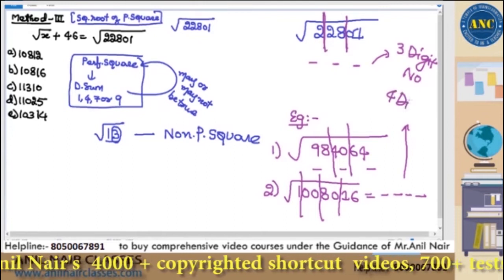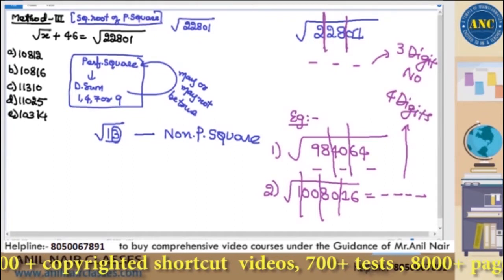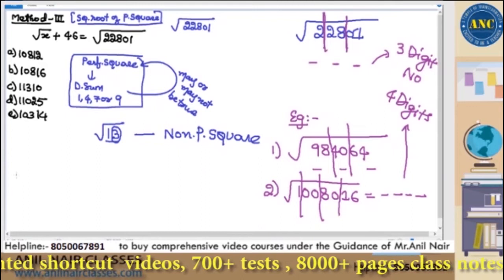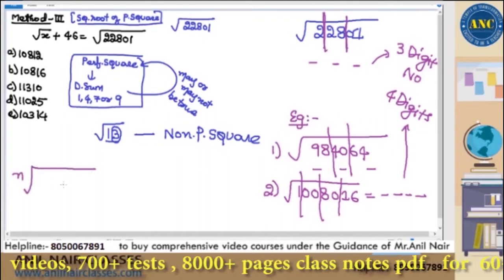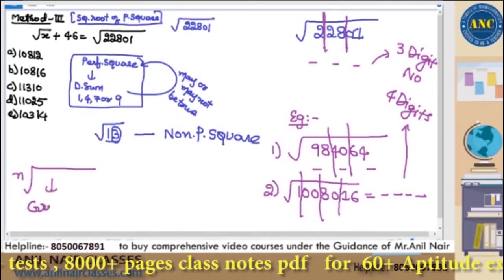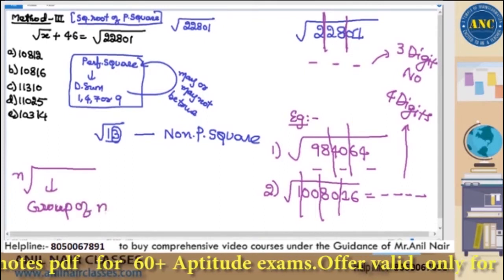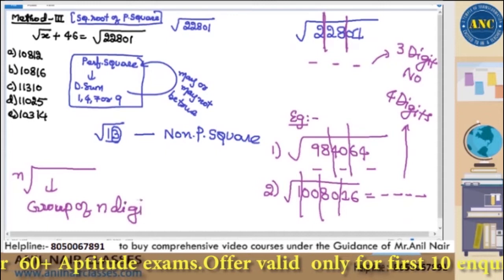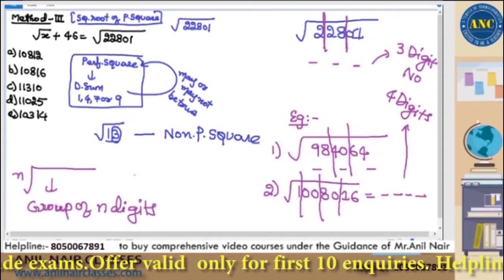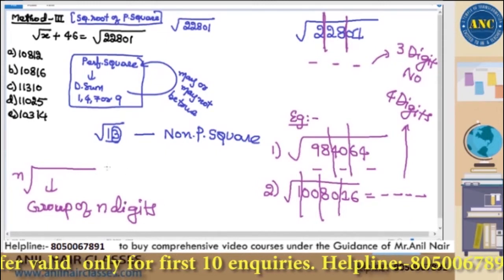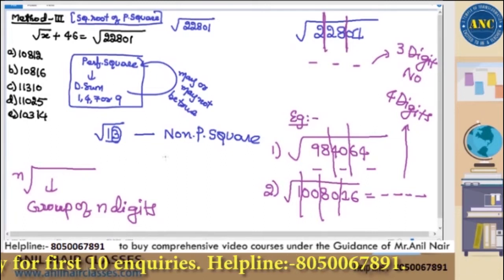Do not miss any single concept. If it is nth root, take a group of n digits. I hope it is clear.